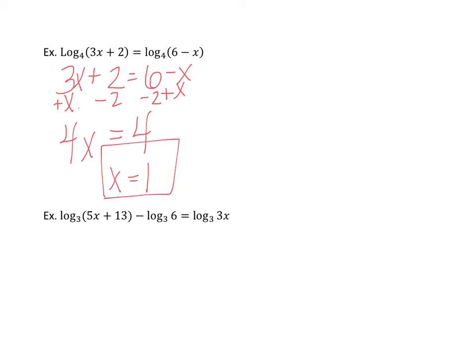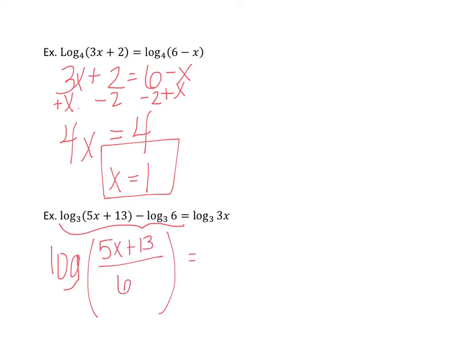On this next one, I'm going to use the same thing, but first I have to condense this into one log, so it'll be 1 to 1. Since it's subtraction, it's going to be changed into division. 5x plus 13 on top over 6, that was a base 3, equals log base 3, 3x.